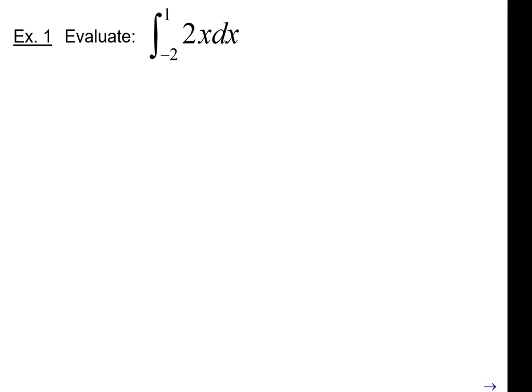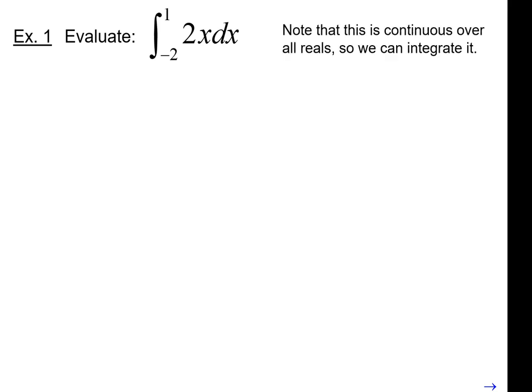So let's do a quick example here. If I wanted to find the integral from -2 to 1 of the function 2x dx. This is continuous, of course, over all real numbers, so we know it's integrable and we can work with it on that interval. So we're going to set this up using that 5-step process we used in the last lesson.